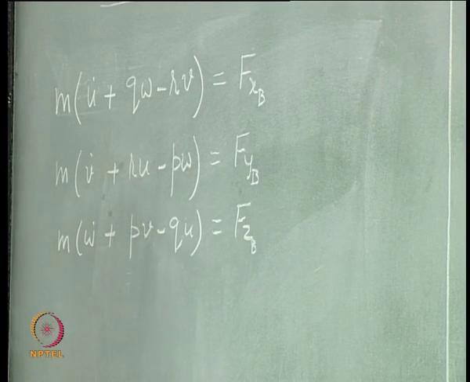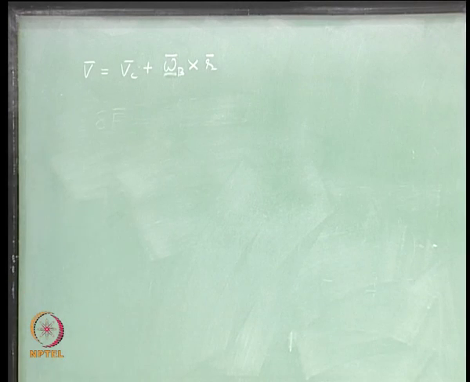And now, what else do I need to write? We have to write three equations for the rotational motion, right. I will assume that there is an external moment acting on this elemental mass delta m, right.